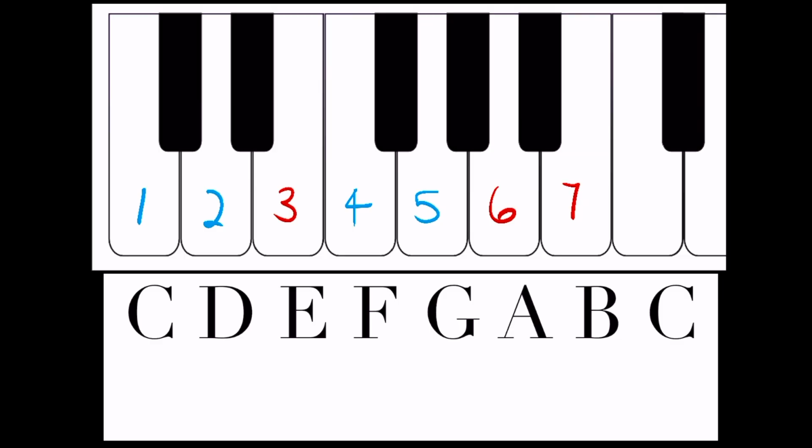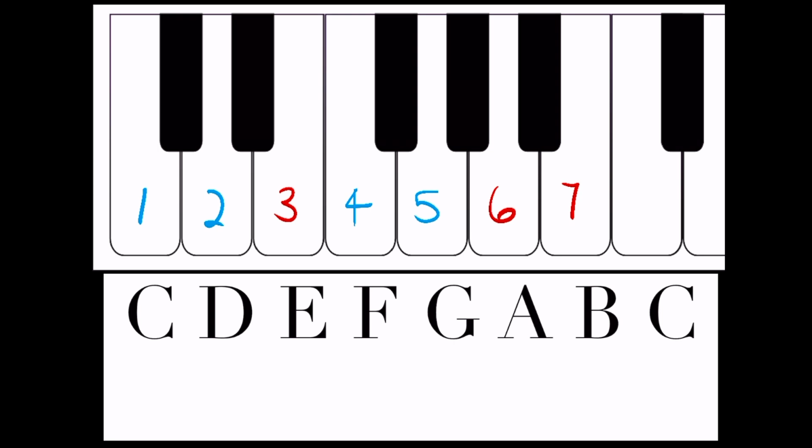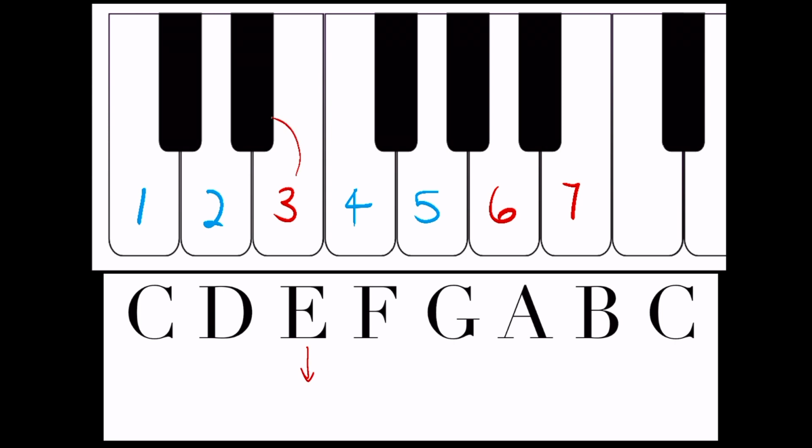Let's do that for a couple of examples as well. So if we're going from C major to C minor, we're going to leave the second note alone, but we're going to change that third note from a major third to a minor third by dropping it one semitone.